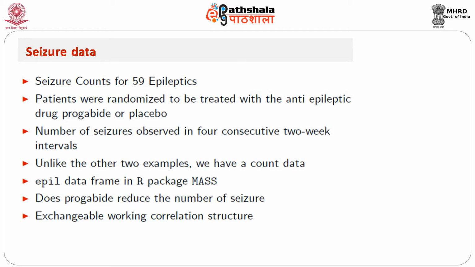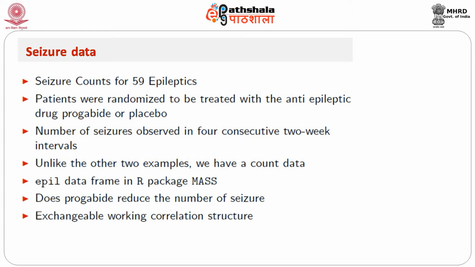Now, number of seizures is observed in 4 consecutive 2 weeks interval. So, the number of seizures in 4 2-week intervals is noted for both the Prograbide group and the placebo group. Also, the number of seizures prior to giving the Prograbide or placebo is also noted in the data.